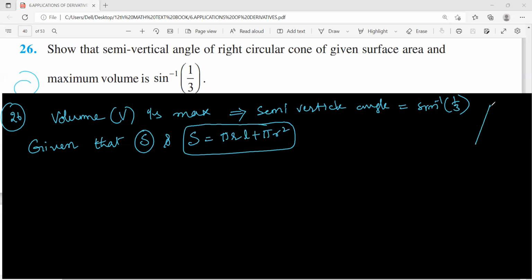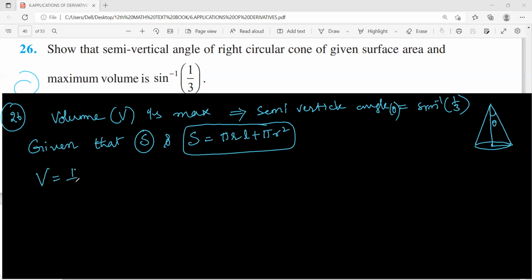Once again, we draw this. This semi-vertical angle, let's take it as some theta. That's what we need to show. So this is what is given, and then we'll go for volume.